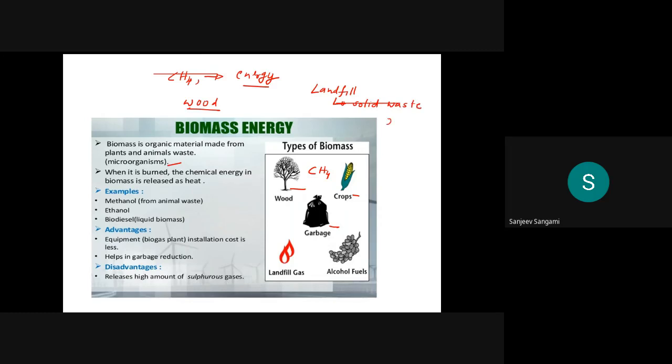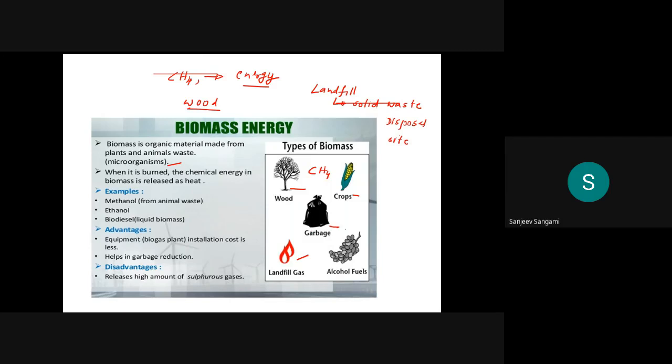It is not a dumping site, but it has to be an engineered disposal of the solid waste. So there also you are going to release methane gas. There also it is used as the energy source.